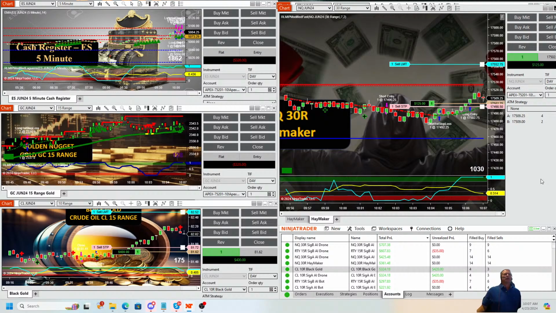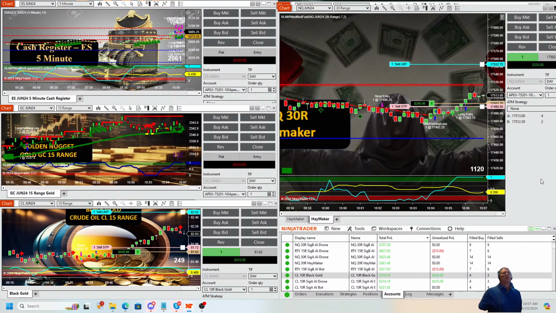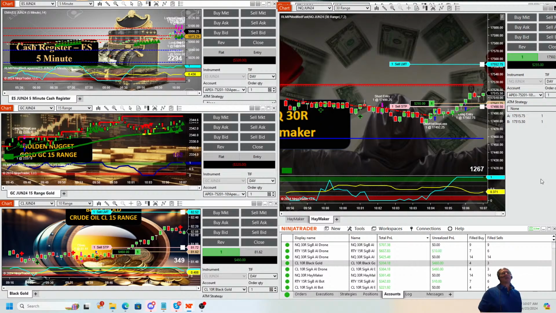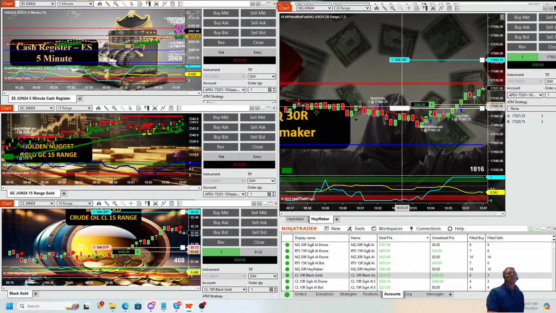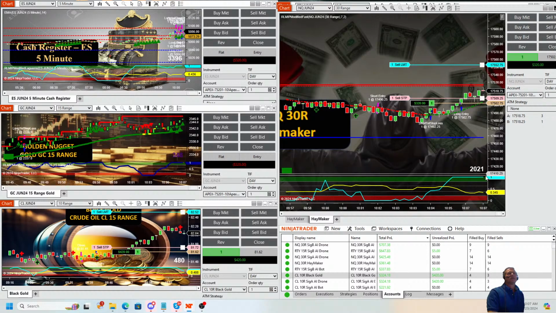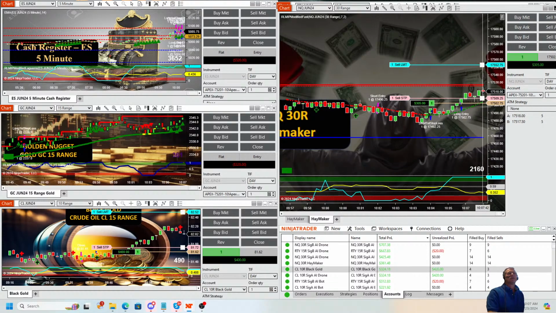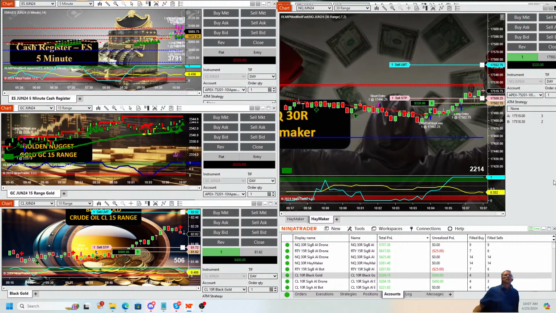Seems to be a pretty ranging market here. We're going to test that area of resistance again. Let's see if we can break through this time. If we break through this, we got a little bit of room to the upside here. I'm hoping it pushes through.